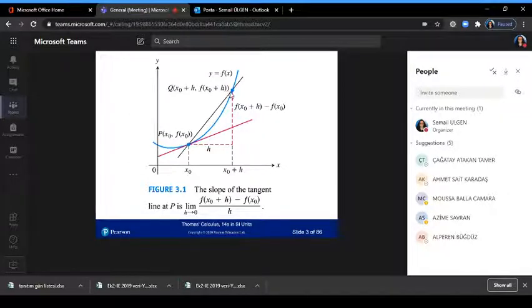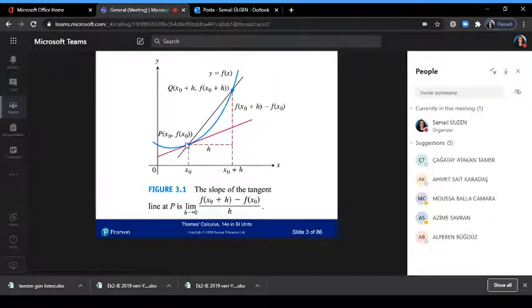So how would you write the slope of this secant line, the black line? Secant line means there are 2 points. You just combine these 2 points and you get a secant line. Tangent line just crosses the blue curve at 1 point. Secant line crosses the blue curve at 2 points.